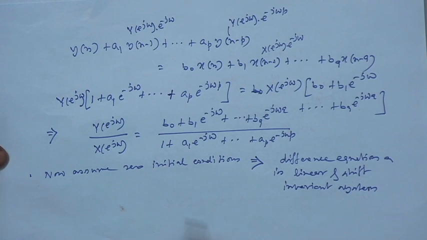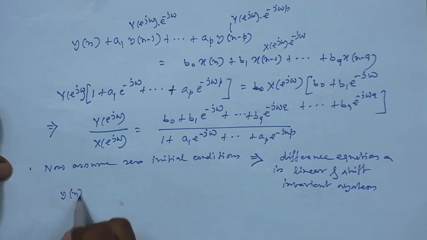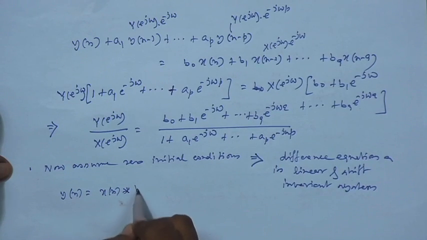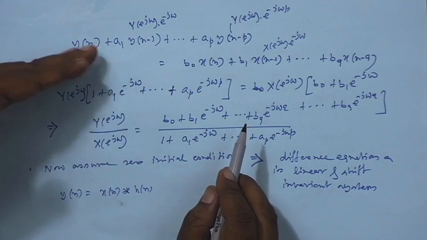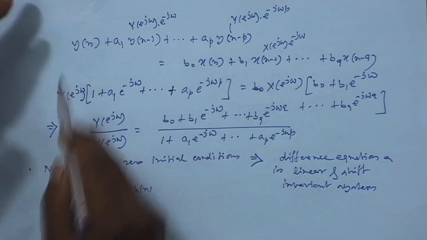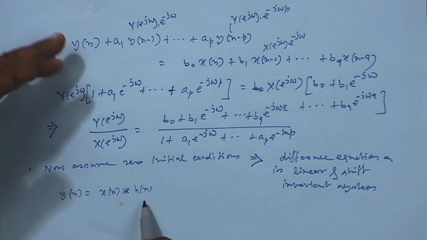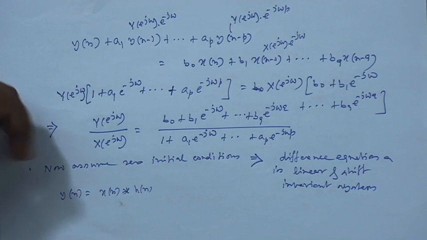But for a linear and shift invariant system, we have also seen the output y n is the convolution between the input x n and the unit sample response. That is, for this difference equation with 0 initial condition, making it linear and shift invariant, if you give x n equal to delta n, whatever output you get, that is h n, and if you convolve between these two, then again you get the same y n.